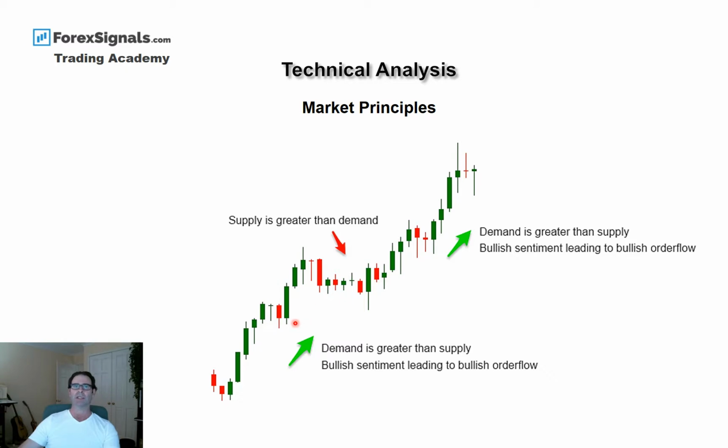We can see the very next candle, price has opened, demand has overwhelmed supply, is greater than supply, and we can see that bullish sentiment has now led to bullish order flow. So this bullish sentiment has continued all the way up to this candle here, where price has opened, demand has created the high, supply has come in, and we've closed down at this point here.